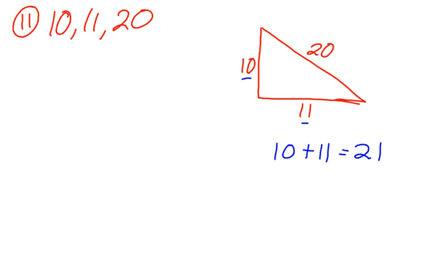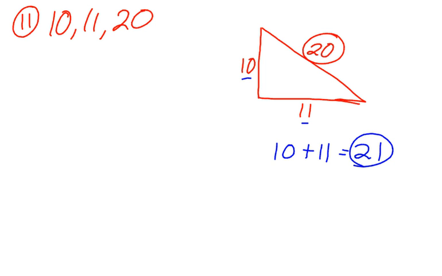Now we compare this number to our longest side. In order to be a triangle, this sum, 10 plus 11 equals 21, has to be greater than the longest side of 20. If it's greater than, then we're good to go. We're ready to follow through with our problem.